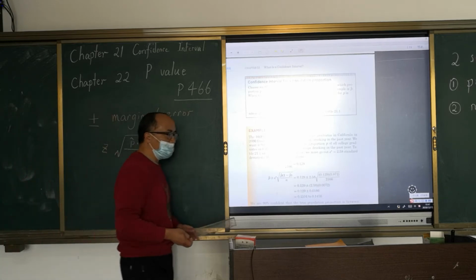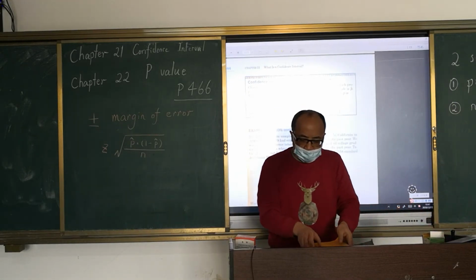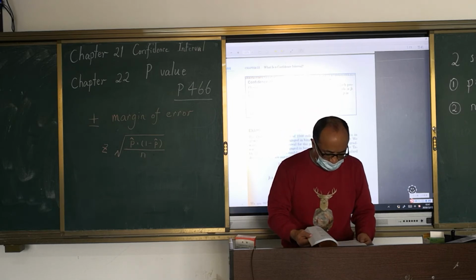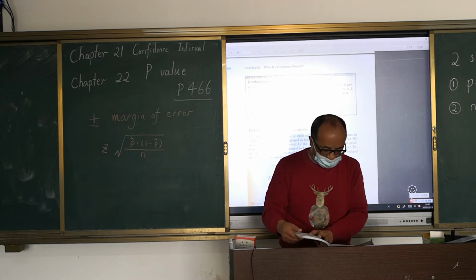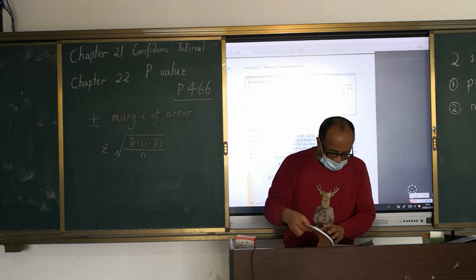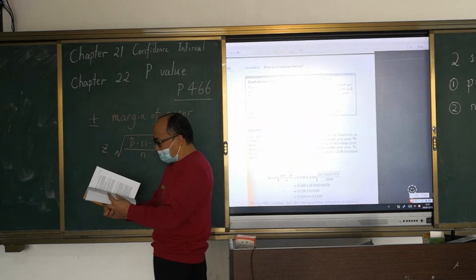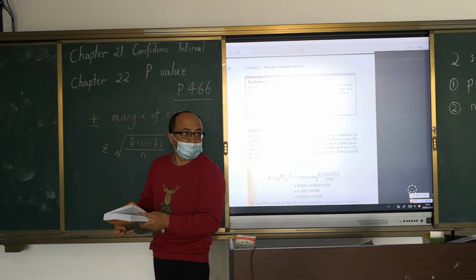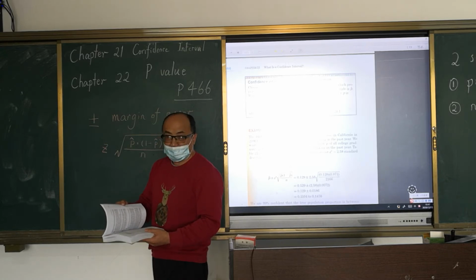Some did the homework, some may not have. So let's look at one question in the homework, 21.7, on gun safety, page 472. If you have not done it, I'll give you 5 minutes.